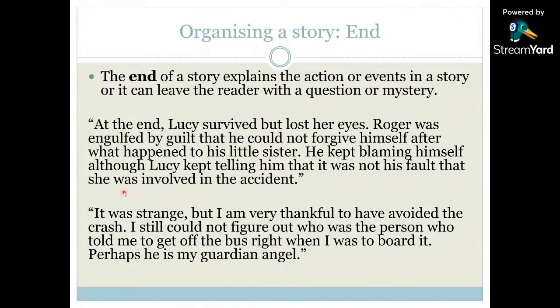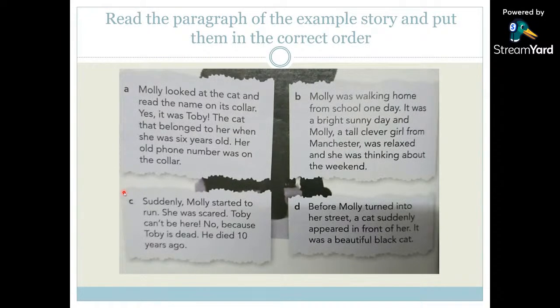Alright, let's look at. Okay, can you read the paragraph of the example story and put them in the correct order? Okay, there are 4 paragraphs. Jadi, can you tell me which one of the A, B, C and D is the first paragraph? Orang rasa antara 4 ni mana pendahuluan bagi cerita ni, permulaan cerita ni?